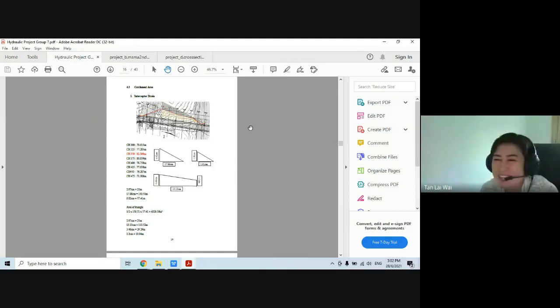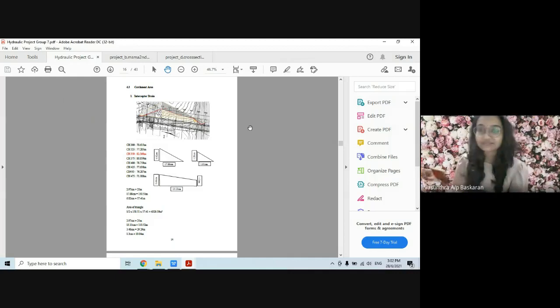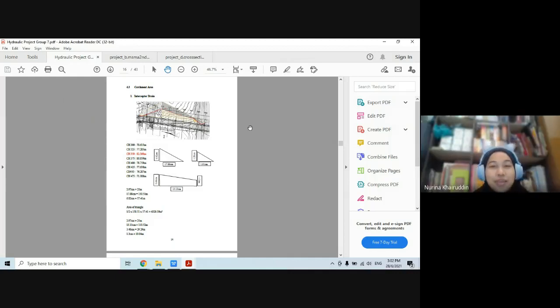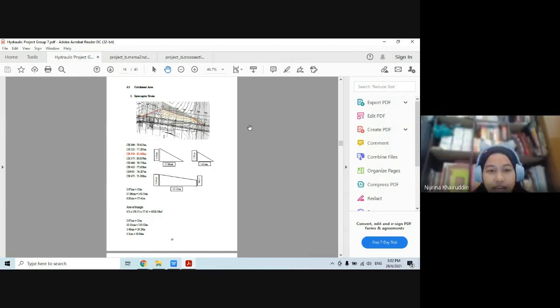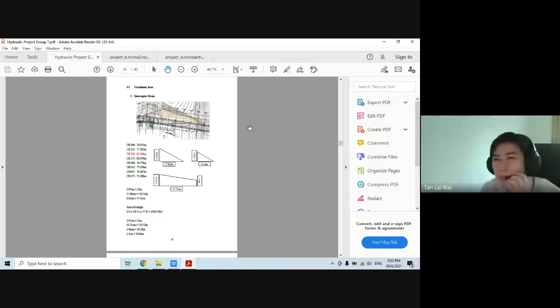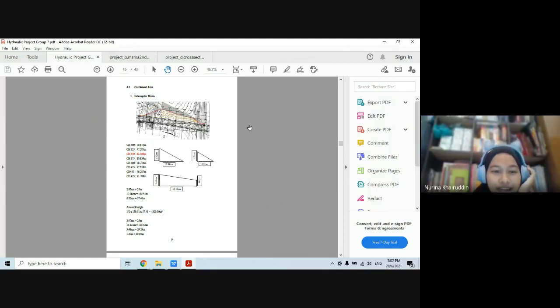Kenapa yang kena tolak nilai? Tolak nilai level tu sebab nak tahu level dia, catchment area kita tu. Tapi aliran bergantung pada catchment area ke? Adakah penentuan arah aliran bergantung pada catchment area? Tak, level dia, level.